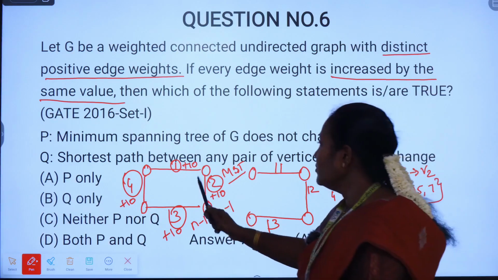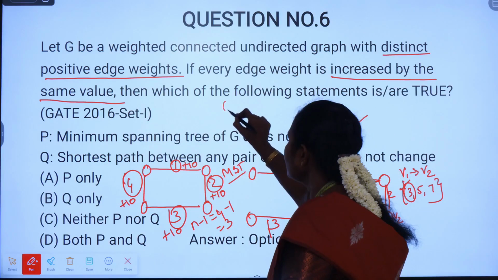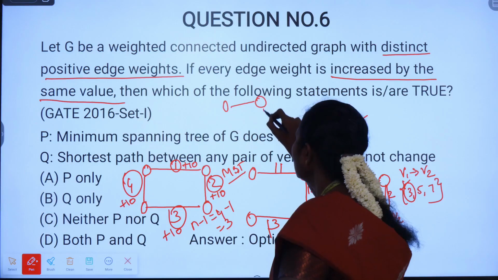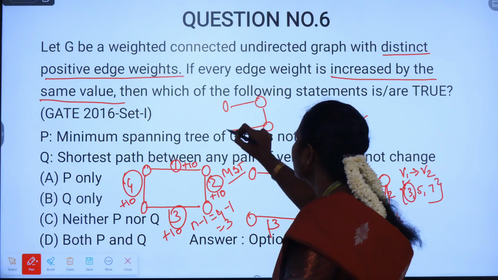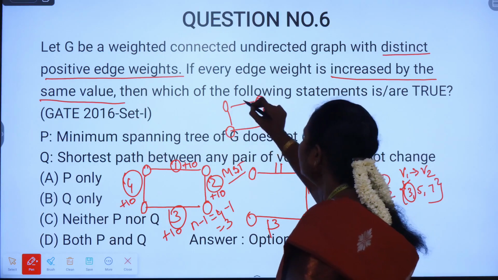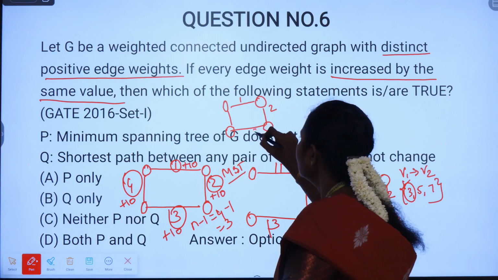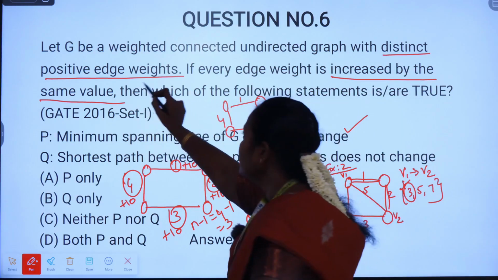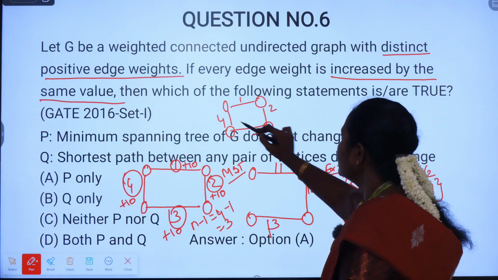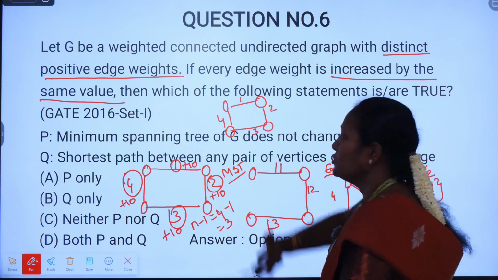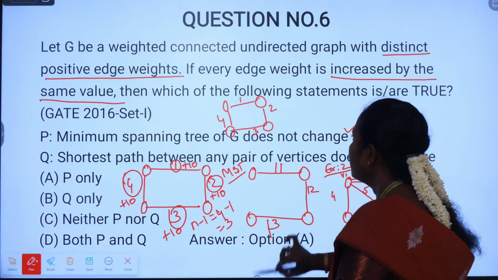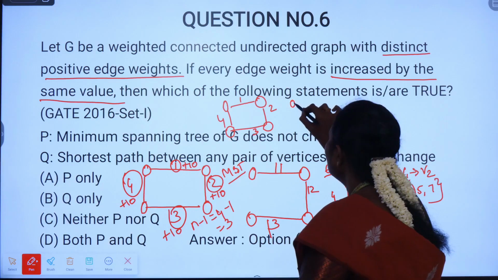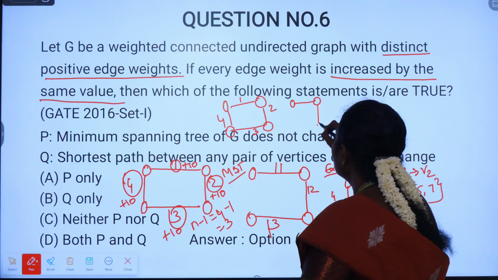So here, first, consider one graph. Here the vertices have distinct positive edge weights. For this particular graph, what is the minimum spanning tree?